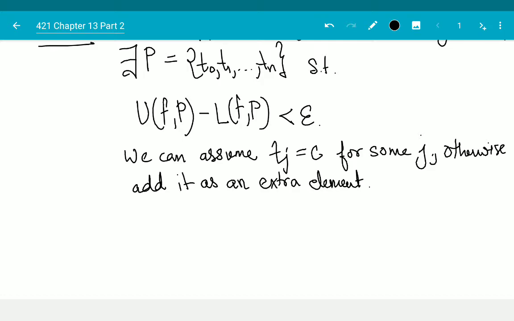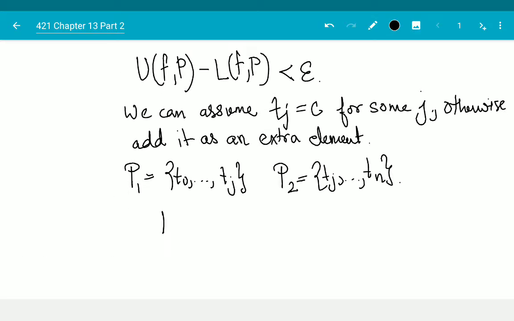Then consider P1 equal to T0 dot dot dot C or Tj, and P2 equal to Tj dot dot dot Tn.